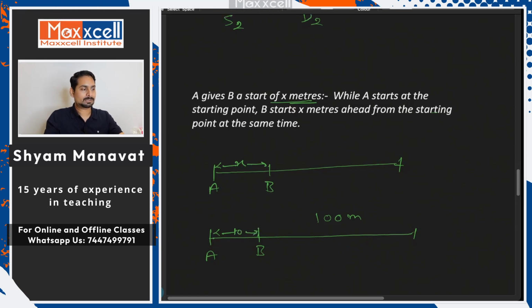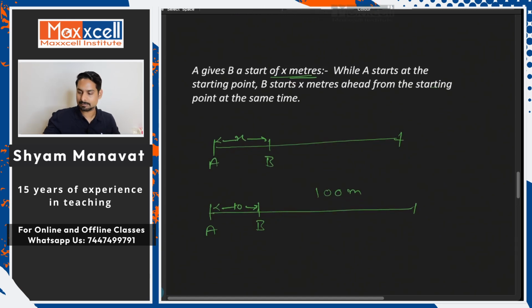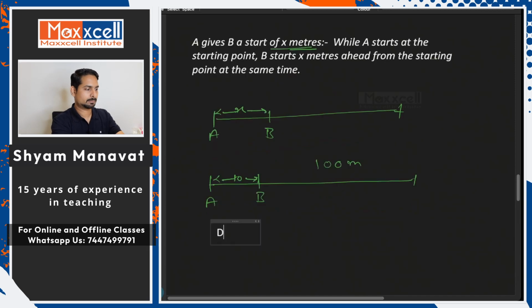Okay. What does it mean? The distance covered by A, in this case, is 100 meters.